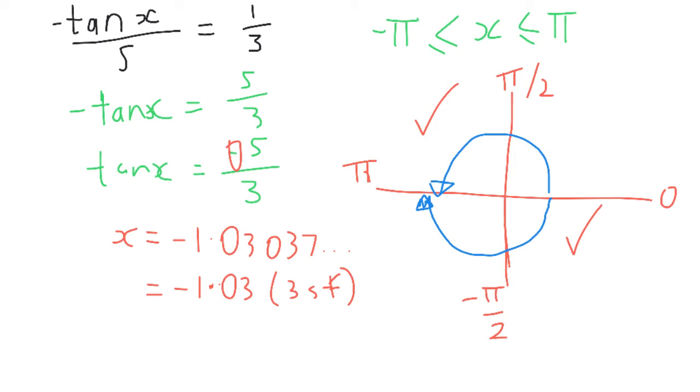But what I need to now find is what my solution is going to be in the second quadrant, and how I'm going to get there is I'm actually going to add pi to that. The reason I do that is because the solution I've just found in quadrant 4 is about here. It's about 60 degrees, acknowledging that 1 radian is 57 degrees.